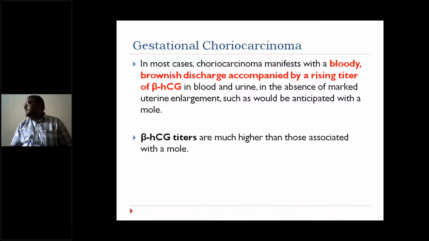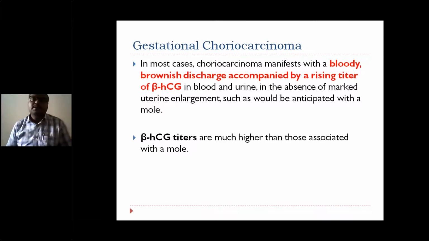What happens in gestational choriocarcinoma is that even though the beta hCG levels are high both in blood and urine, the uterine enlargement is actually small. And of course, the beta hCG titers, as we discussed in the first slide, are much higher than those associated with a mole, like it will be in thousands.